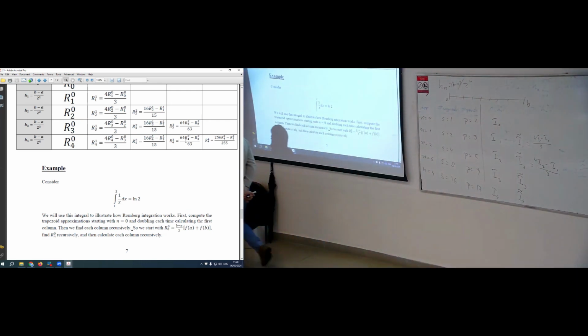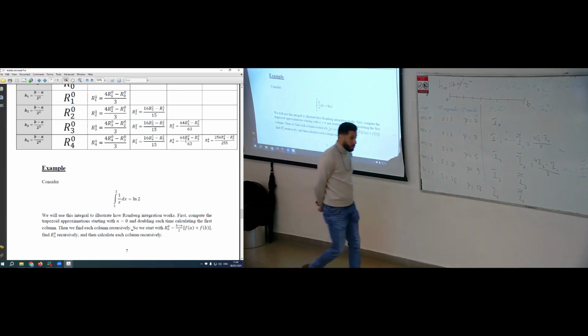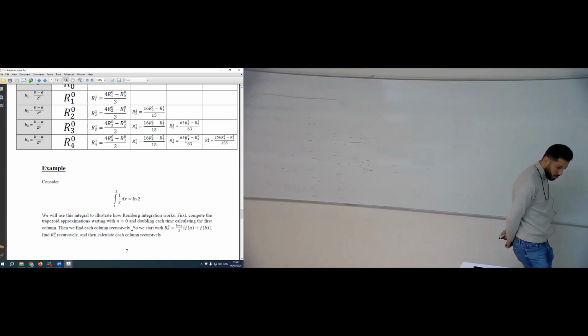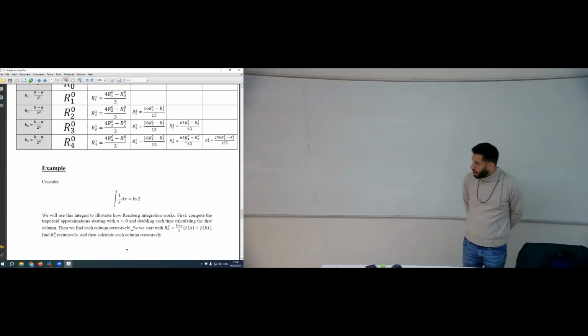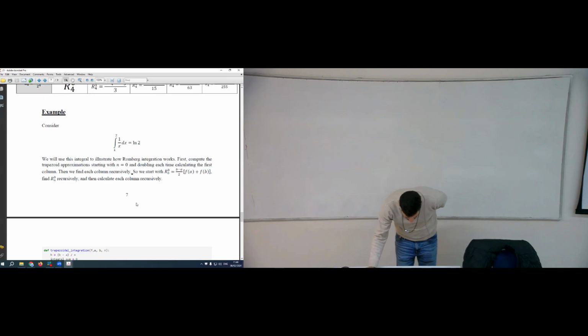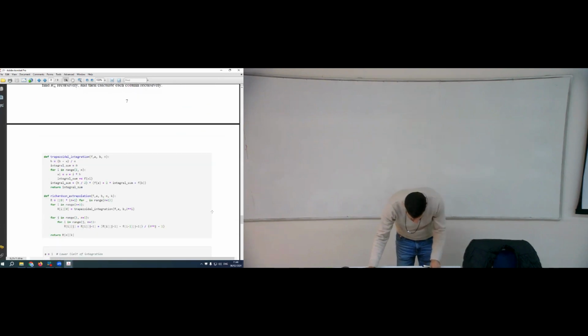And what is ln of 2? It is the integral of 1 over x from 1 to 2. So we use numerical integration in order to evaluate or approximate this number. And that's how we do it.